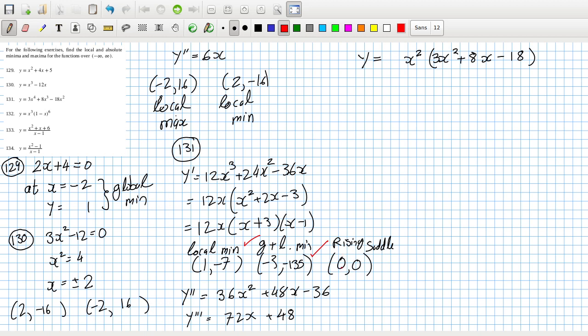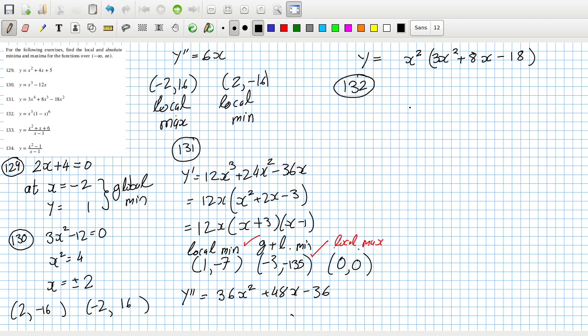Oh, my mistake. When you put 0 in, you don't get 0. You get minus 36, which makes it a max. Stephen. Just not having a good time today with my mental arithmetic. All right, let's be more careful.